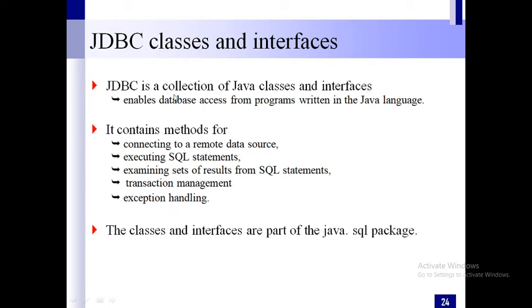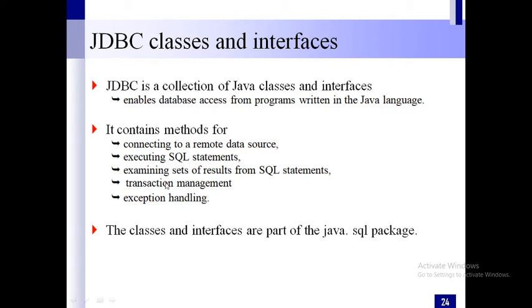Now, what all the methods do we have in JDBC? We have methods for connecting to a remote data source, executing SQL statements, then examining sets of results from SQL statements. Like each query will return multiple rows, right? So how we can examine, or view, or handle that result, for that we have different methods, and then transaction management, exception handling.